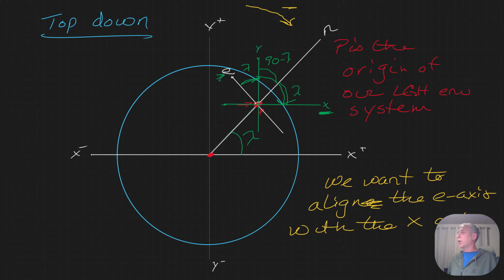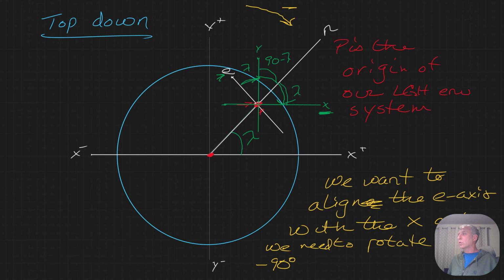Let's see, I'll write it down here. We need to rotate minus lambda and another minus 90 degrees.